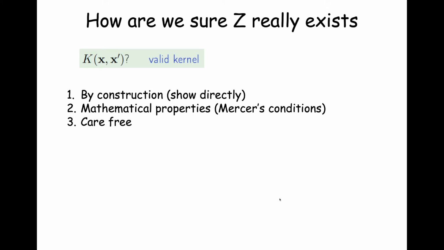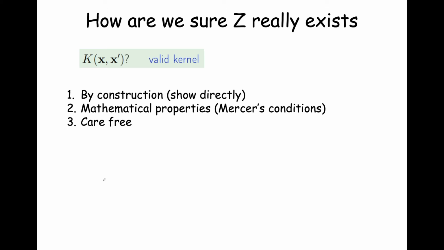So once you show that something is a Mercer's kernel, affine transformations of Mercer's kernels are also Mercer kernels. Likewise, if you have two Mercer's kernels and you compute the product of the two, the result is also a Mercer's kernel. So there are certain closure properties under Mercer's conditions.